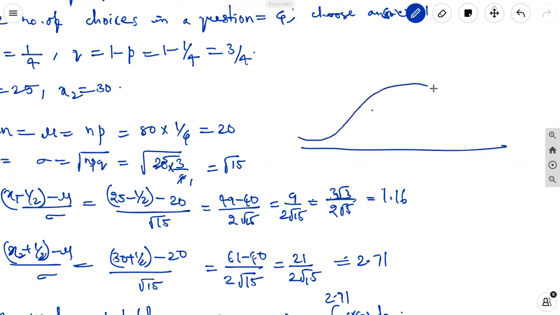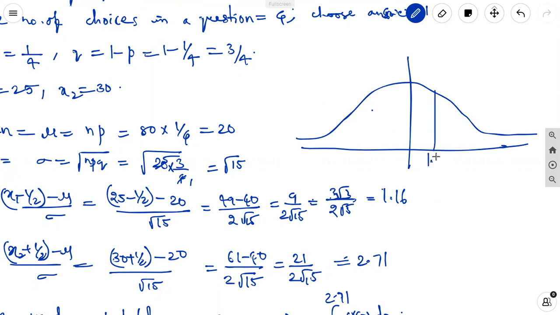Here we calculate. Draw the normal curve. Both are positive values, that is 1.16 and 2.71. So we can calculate this area.